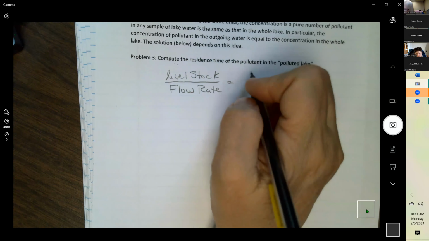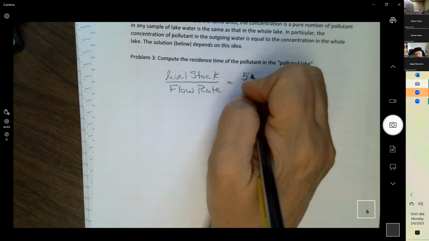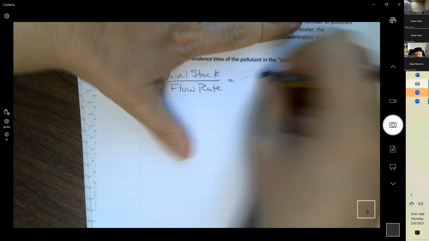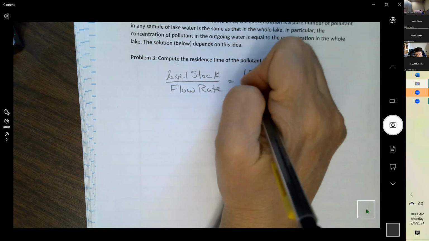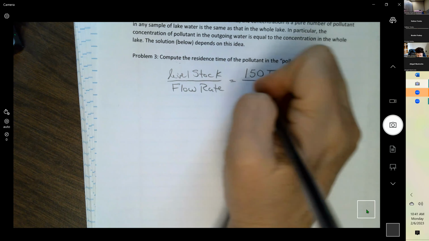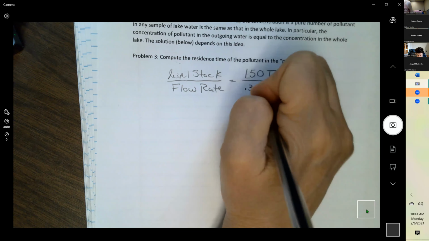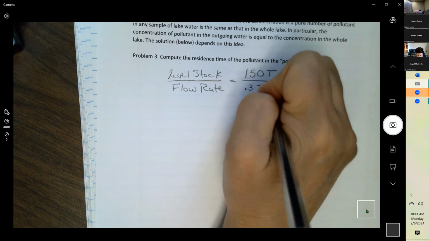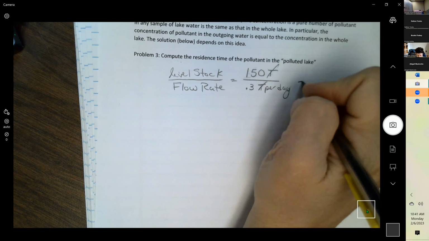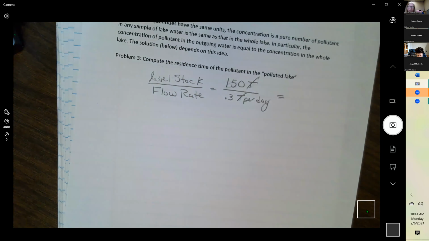If we took the level of the stock, we said we just found was 500, or no, it wasn't, it was 150. And it's leaving at 0.3. And 150 divided by 0.3, I believe is 500.